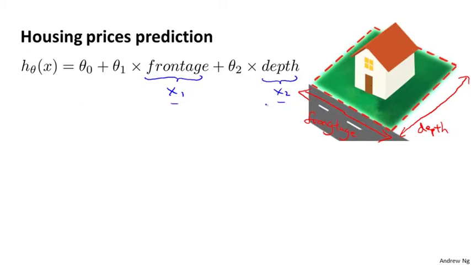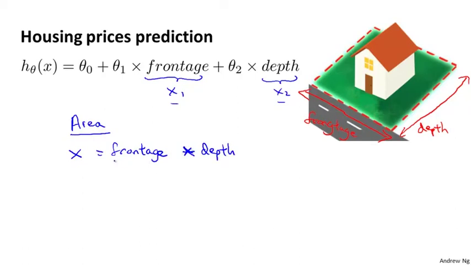But when you're applying linear regression, you don't necessarily have to use just the features x1 and x2 that you're given. What you can do is actually create new features by yourself. So if I want to predict the price of a house, what I might do instead is decide that what really determines the size of a house is the land area that I own. So I might create a new feature, and just call this feature x, which is frontage times depth. This is a multiplication symbol, right?